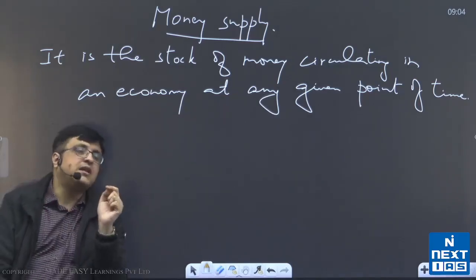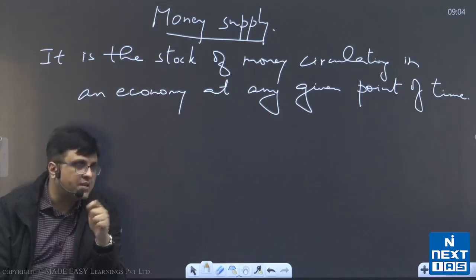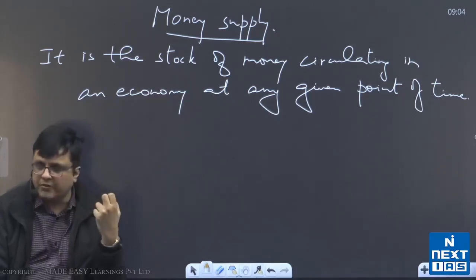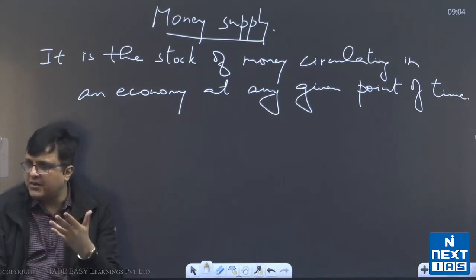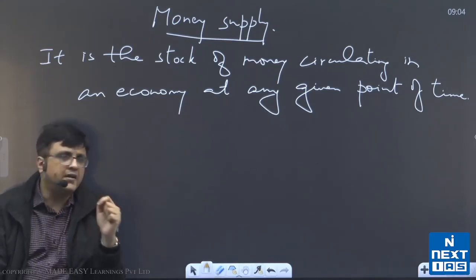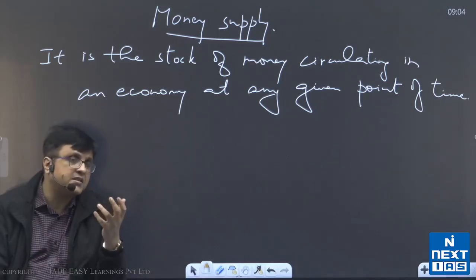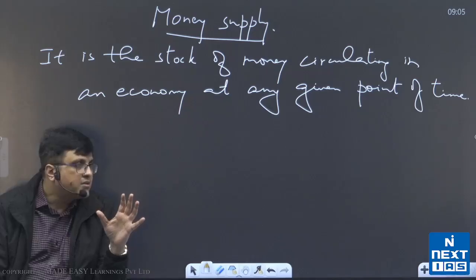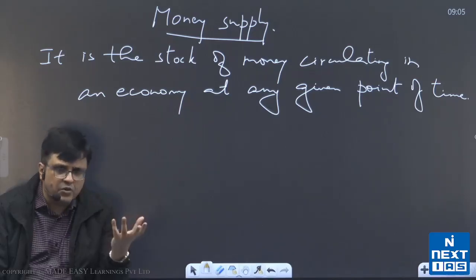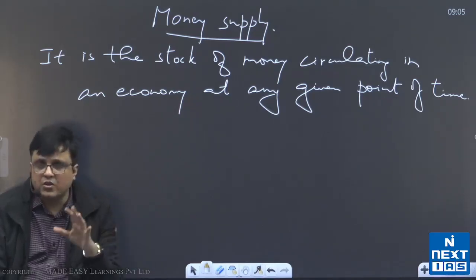Now, till 1997, we had a method of measuring money based on the old monetary system of India. We used to call it M1, M2, M3, M4. We would measure money accordingly. But by 1997, the Indian money market had gone through a lot of changes. Changes like new instruments introduced, new methodologies introduced.